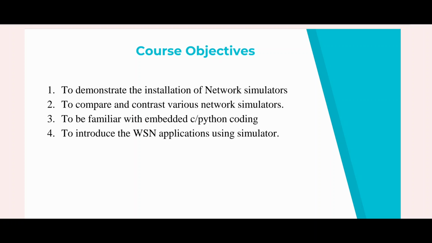First, you should know how to install this network simulator. We're going to have a comparative assessment of different kinds of simulators used for designing a WSN application. Also, we should have a basic understanding of C or Python programming, and finally how we are going to design the WSN application with the help of these simulators.